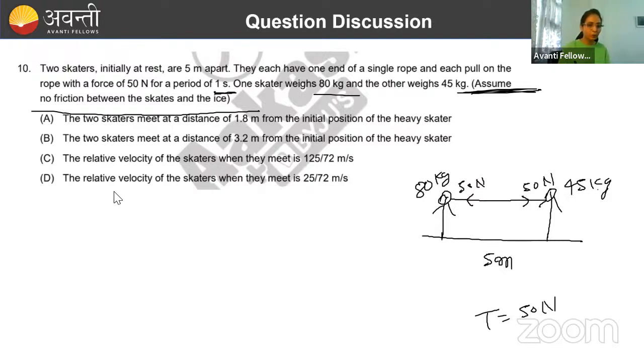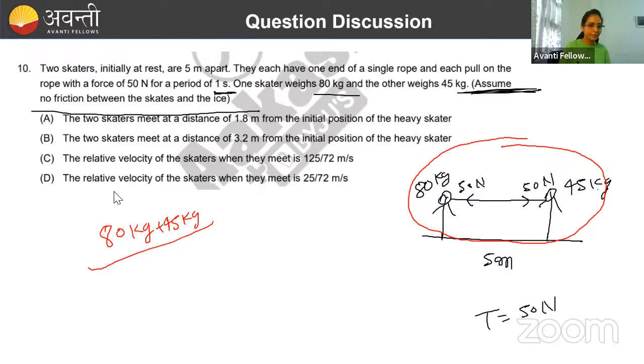ठीक है. तो यहाँ पे देखो this question can very easily be solved by help of system identification. तो चलो यहाँ पे obvious force कौन सा लग रहा है दोनों के बीच में? रोप का फोर्स, टेंशन फोर्स इन दोनों के बीच में है ये. तो अगर मैं इन दोनों को सिस्टम मान लूं, सपोज आई एम कंसिडरिंग 80 kg plus 45 kg as system.